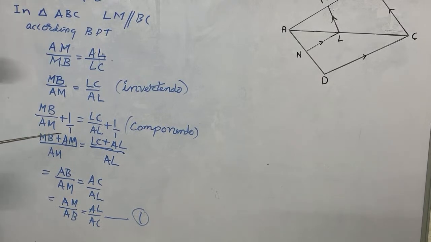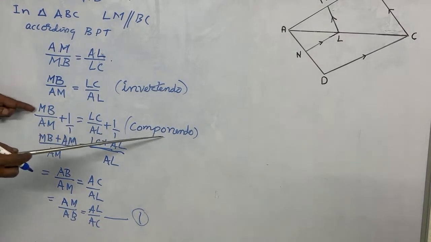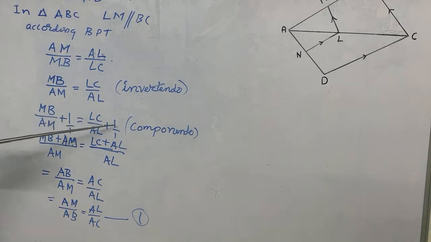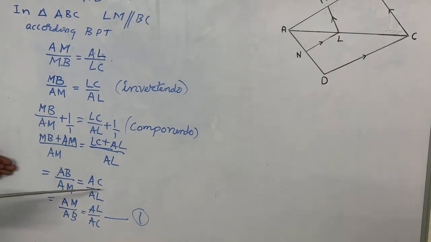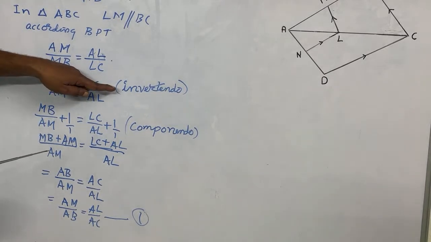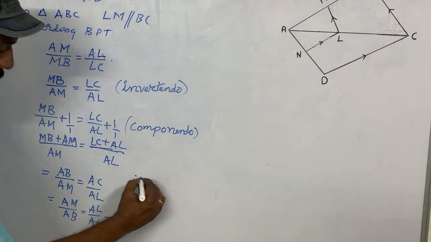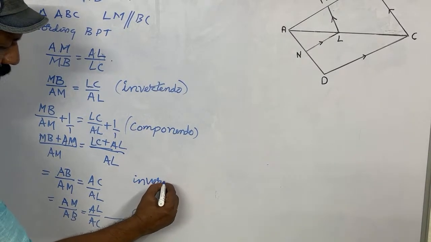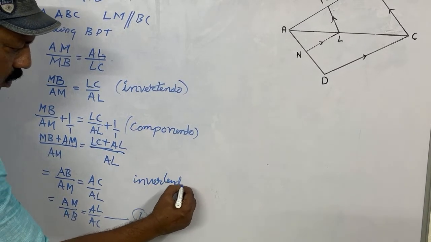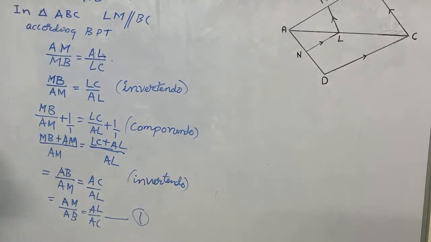After reciprocals, componendo, that means adding one on either side and taking the LCM. After LCM we got a certain ratio. Because we did invertendo earlier, we have to do invertendo again. Invertendo, componendo, invertendo, then the ratio is equation 1.